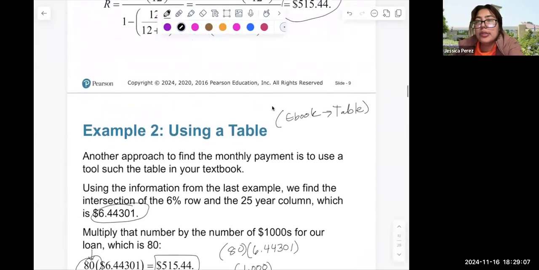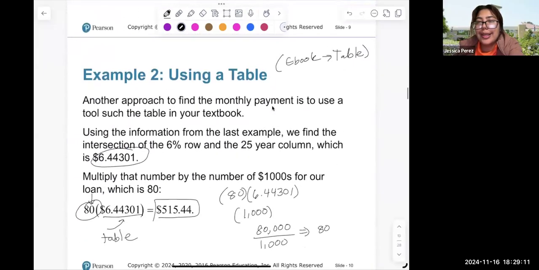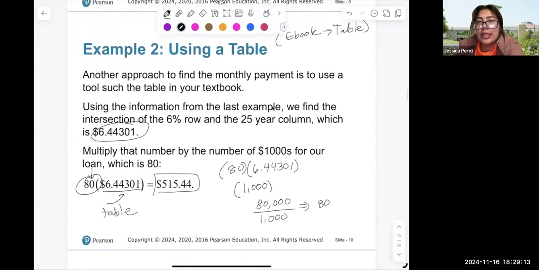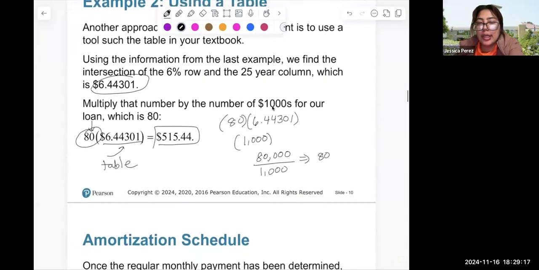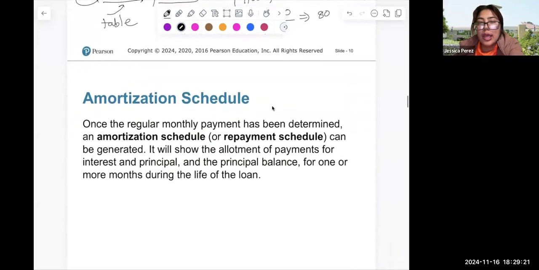So we could have used the formula for the monthly mortgage payment or the table. The table will also be found in modules, so you should be able to calculate that if I ask it as a quiz question.